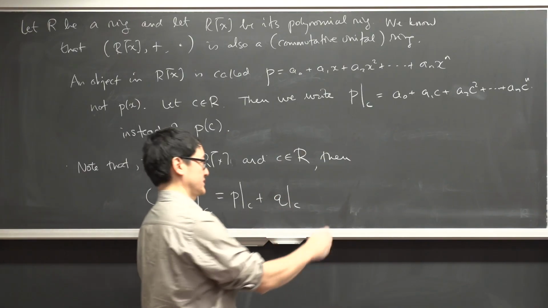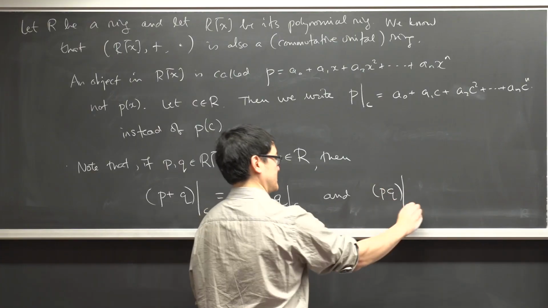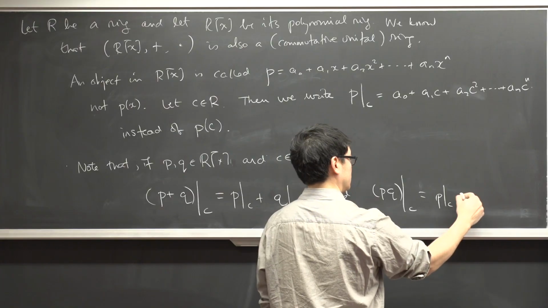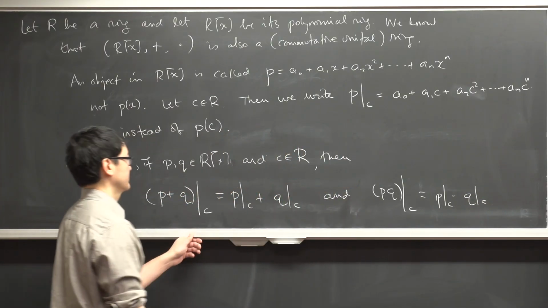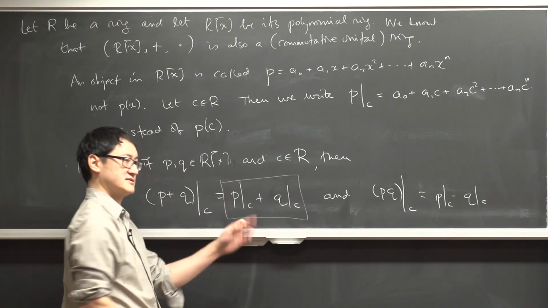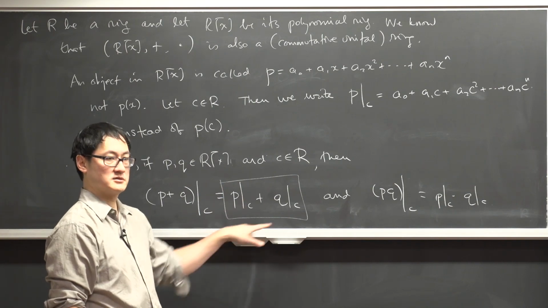Nothing deep, just new notation. PQ slash c is P slash c times Q slash c. Where is this addition happening? What set is this happening in? It's happening in R.